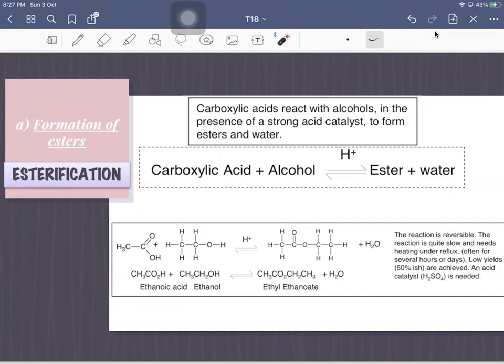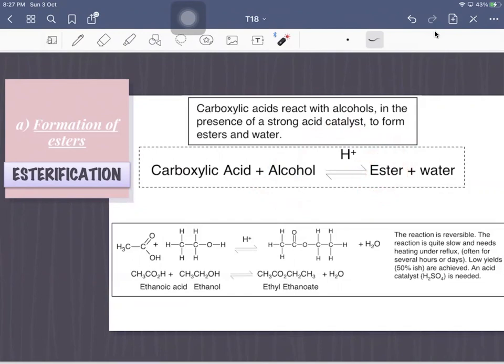Reversible means they can go forward, ester formation, or they can go backwards, which is ester hydrolysis. Remember your ester hydrolysis, the breakdown of ester in the presence of water. So forward can happen, reverse also is happening, and that's not good. If you are aiming for the production of ester, you do not want the ester to be broken down.